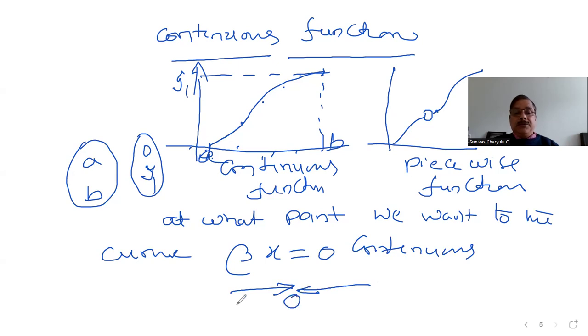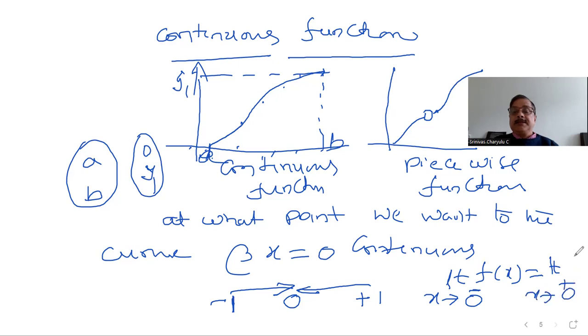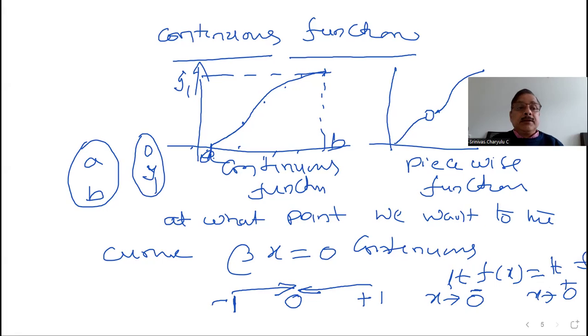Around the neighborhood of 0, I will choose one small distance, -1, and here, let us say, +1. So between -1 and +1, I will travel. From +1, I will slowly come towards 0, and again from -1 also, I will come slowly towards 0. So the limit as x tends to 0 minus, minus meaning I am approaching from the minus side, of f of x, if it is equal to the limit as x tends to 0 plus of f of x, then what will we get?